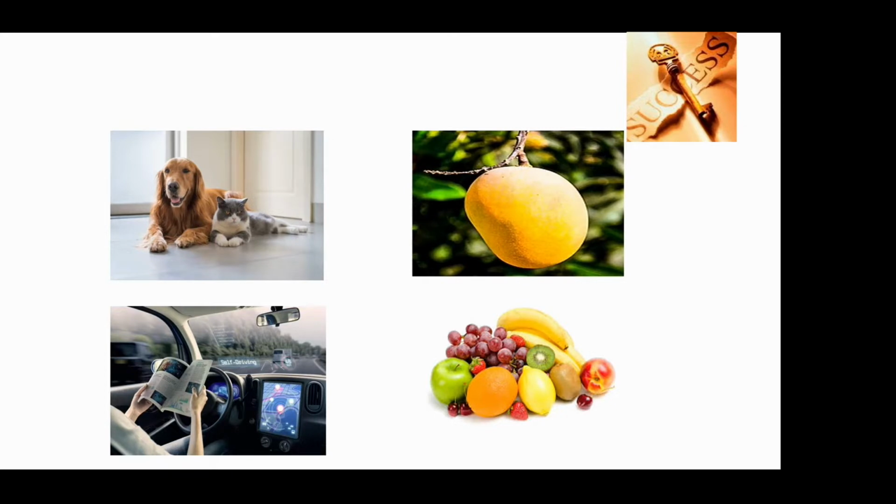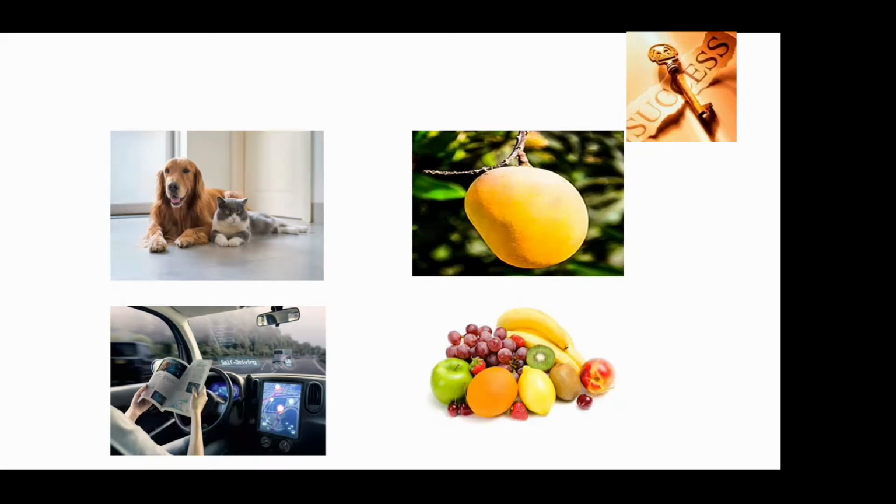So first image is about dog and cat, and the second image tells about a fruit, that is mango, and third image is about self-driving car, and fourth image is a picture of a set of fruits.